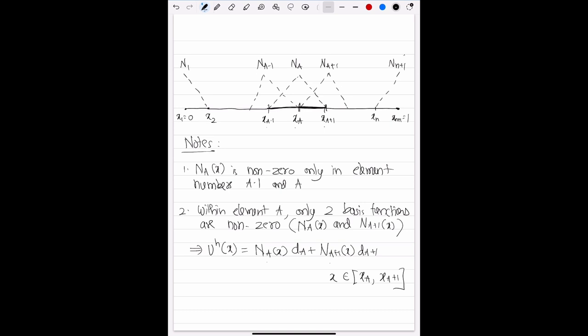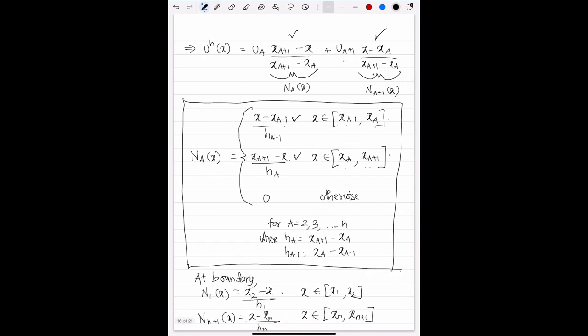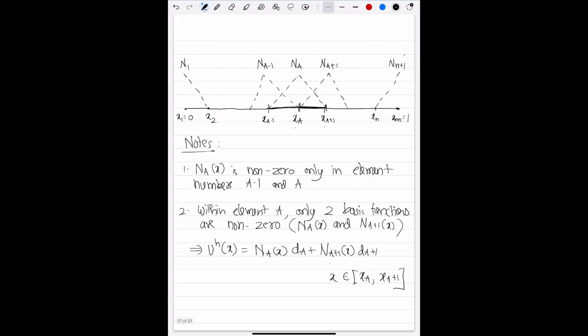And that's how we get this relation. I would point out here that if you look at this particular expression for uh_h of x within element a, then that is pretty much the same as what we just derived over here for element a, which is ua multiplied by Na plus ua plus 1 multiplied by Na plus 1. So just to check, that's what we had derived previously as well.